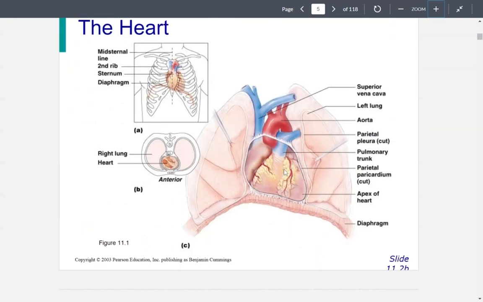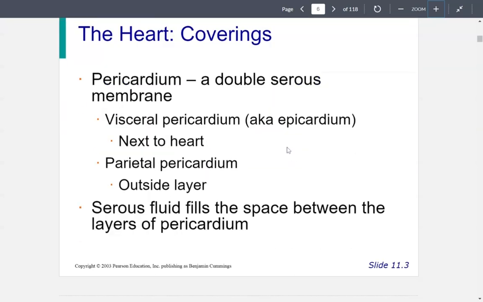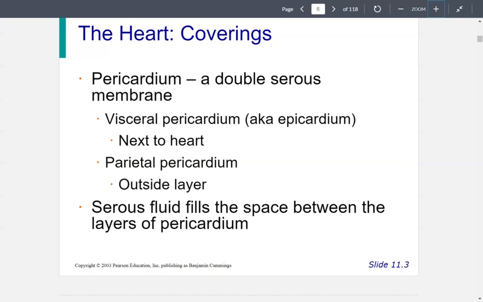Here we have the heart and blood vessels coming off of it. We'll talk about those in a second. The heart itself has a double layer membrane surrounding it. This membrane is referred to as the pericardium. The inner portion of that membrane is referred to as the visceral pericardium. Also, the epicardium is another name for it, and that's the layer that's located next to the heart.